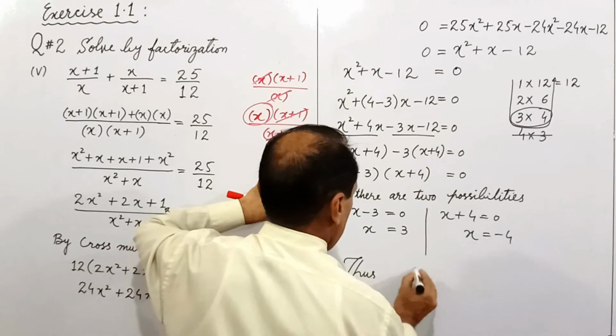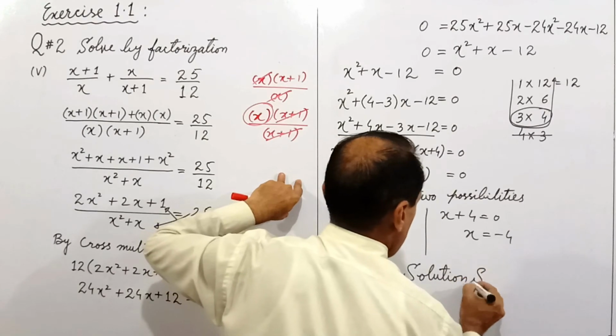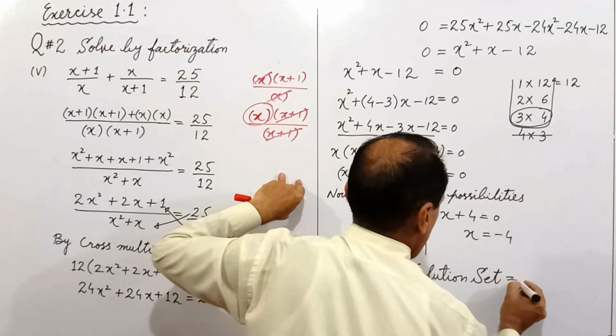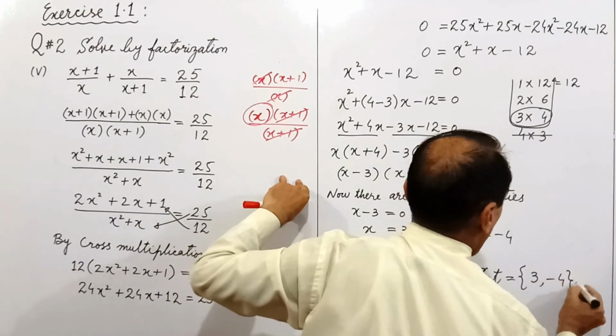Thus, the solution set for this given quadratic equation is 3, minus 4.